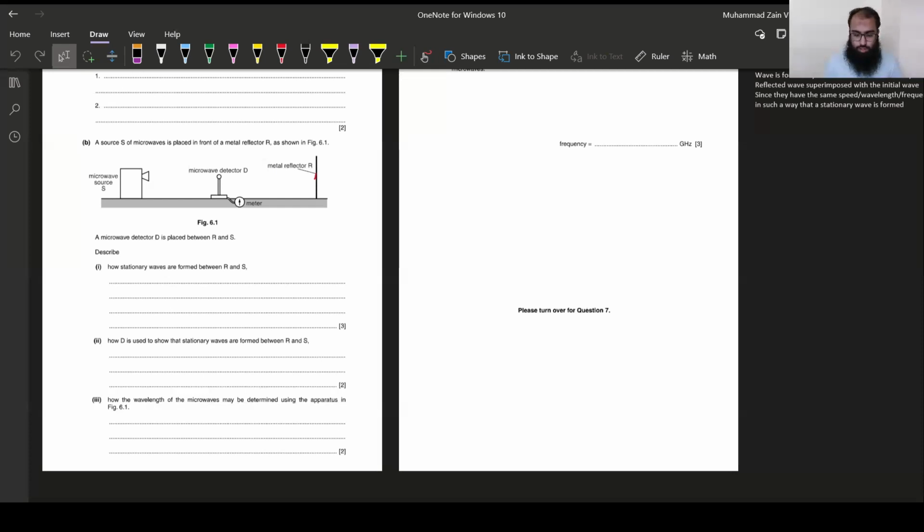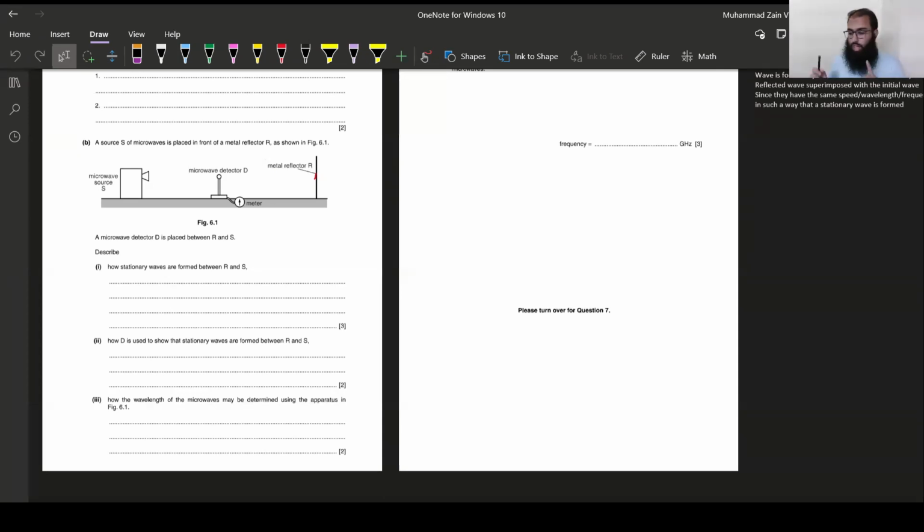So what we do is we keep moving the microwave detector, and take any two consecutive points where there is no detection. I was at a node, and then I kept moving my detector forward. There came a point where there was an antinode with maximum displacement, but I ignored that and kept moving forward till I reached the closest point where there was again no detection on my detector.